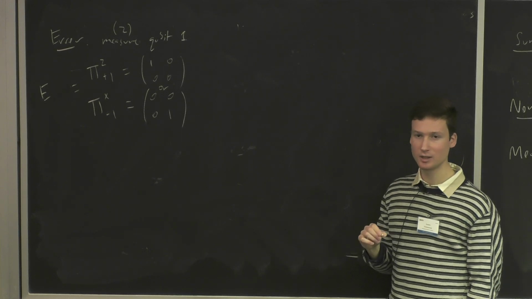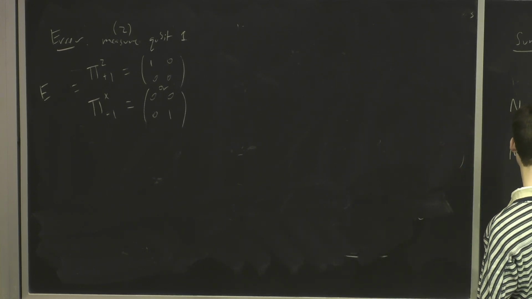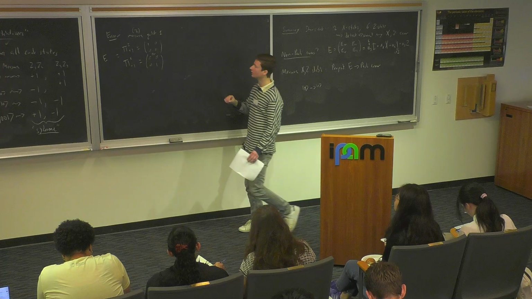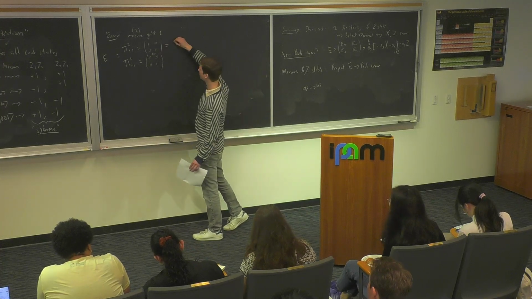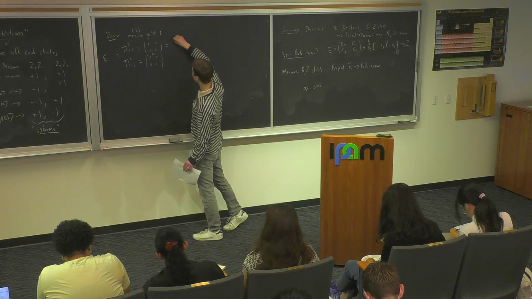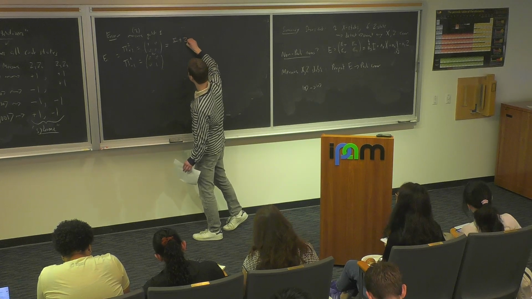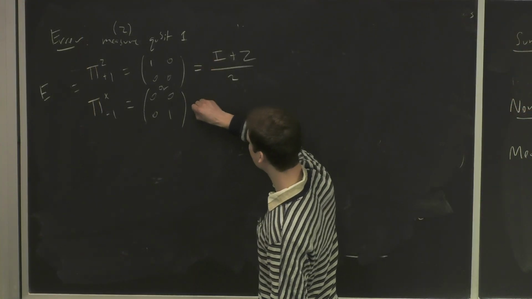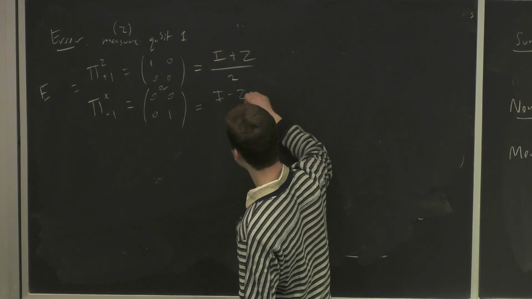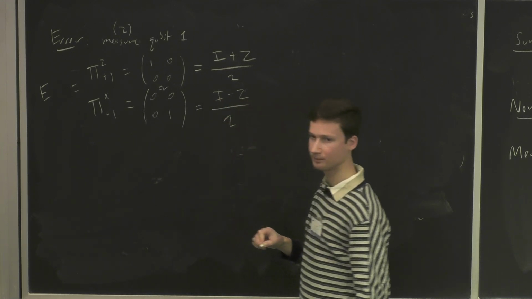My claim was that we can decompose an arbitrary matrix as a sum of Paulis. And indeed, we see that this projector onto the 0 state is equal to the identity plus Pauli z over 2, whereas this projector down here equals the identity minus Pauli z over 2.